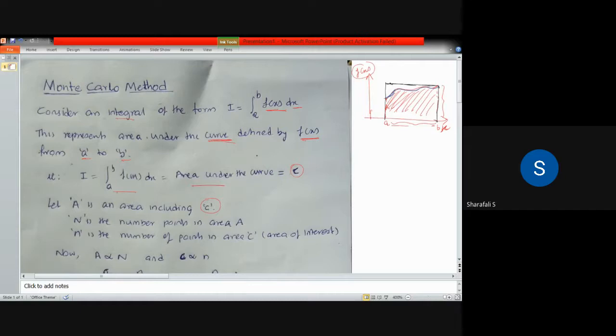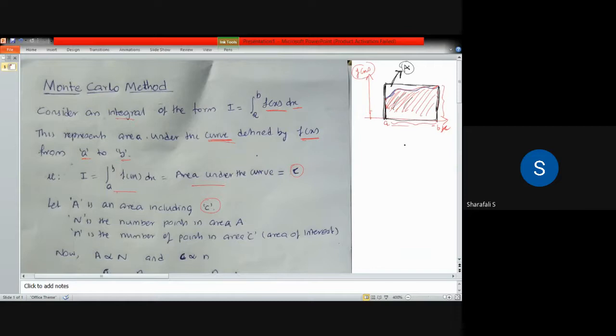This black colored rectangle will give you another area which is equal to A. So this is A, and this A includes the area under the curve. This capital A area contains the area under this curve as well as this region also, and that is nothing but the area of this particular rectangle.